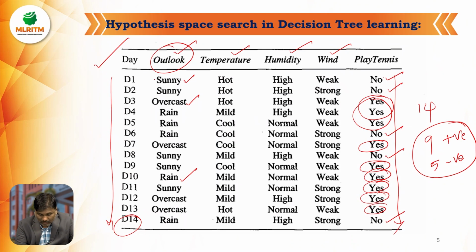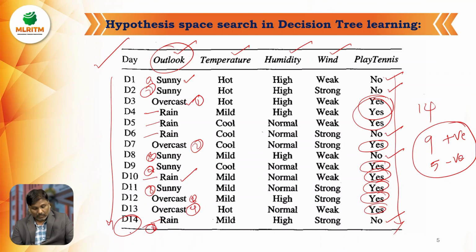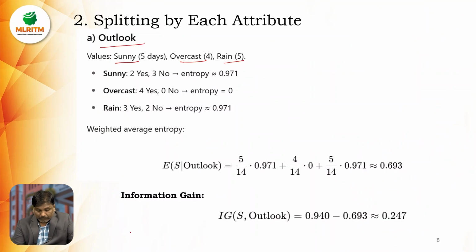Sunnies are 1, 2, 3, 4, and 5: 5 sunnies. And overcast is 1, 2, 3, and 4. Next, what about the rain? 1, 2, 3, 4, 5: 5 rain. So now, 5 sunny, 5 rainy, and 4 overcast.